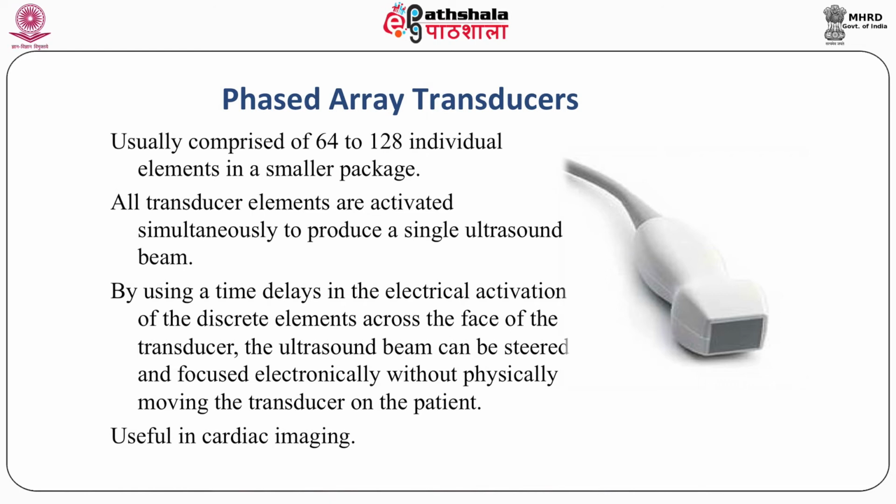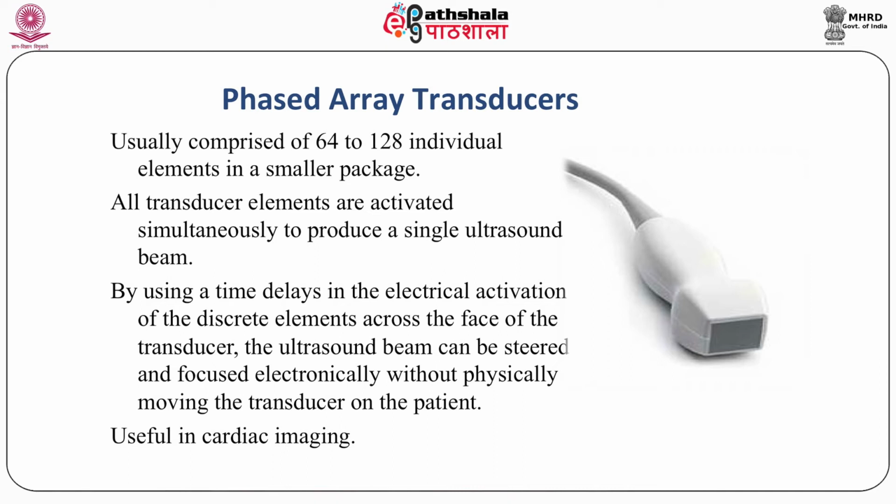Coming to the phased array or steered array transducer, it is usually composed of about 64 to 128 individual elements in a smaller package. But here all transducer elements are activated with a slight time gap to produce a single transducer beam.